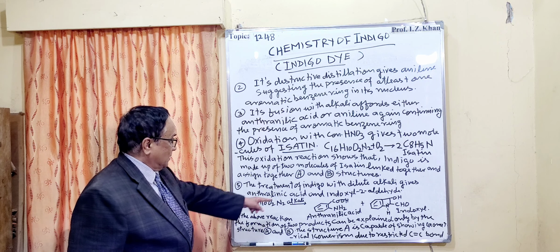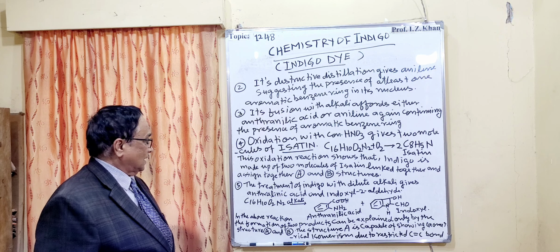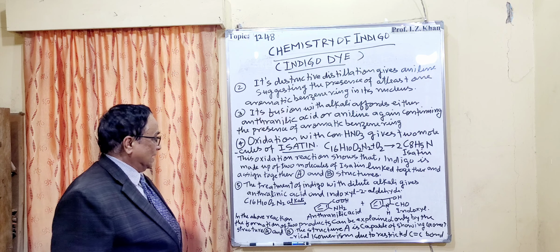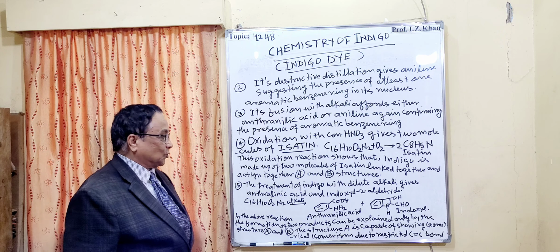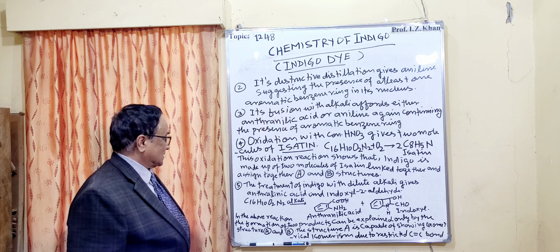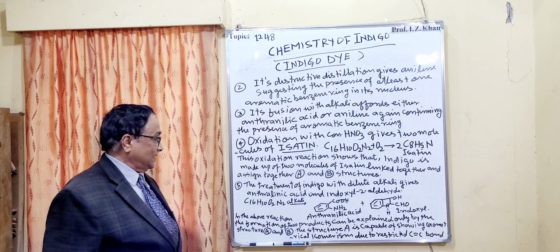So the formation of the two products in the above reaction can be explained only by the structures A and B, which are already given.